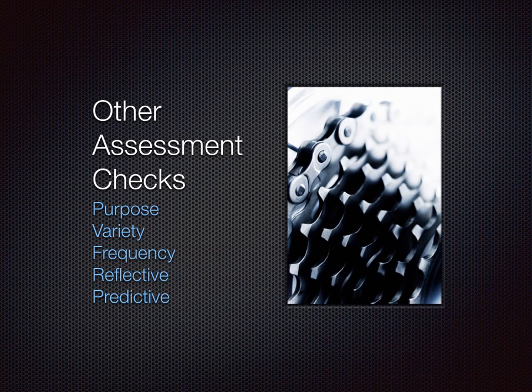When reviewing your Stage 2 work, the School Improvement Committee will consider the purpose, variety, and frequency of your other assessments. The School Improvement Committee will also consider how much self-reflection students are asked to do about their own learning. And finally, the School Improvement Committee will consider how well these assessments can predict success on the performance assessment.